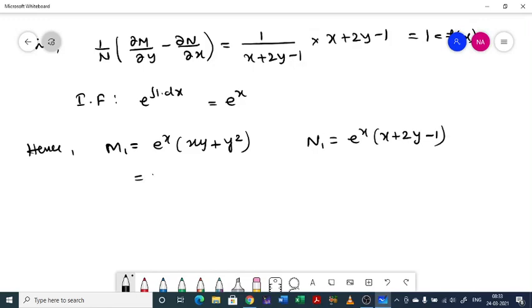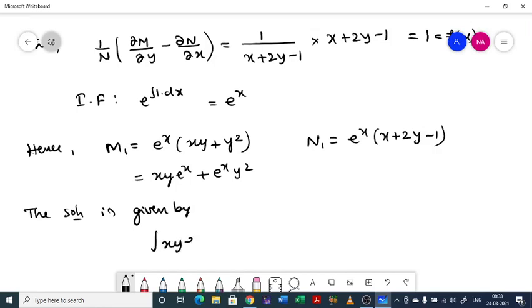So if you want, we can write this as xy e power x plus e power x y square. The solution of the equation is given by integral xy e power x plus e power x y square dx plus integral 0 dy equal to c.